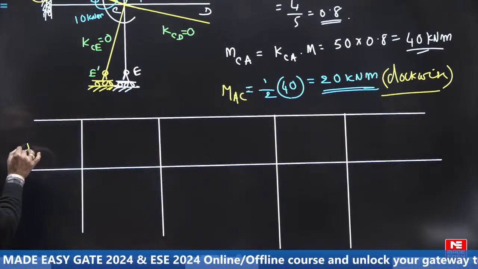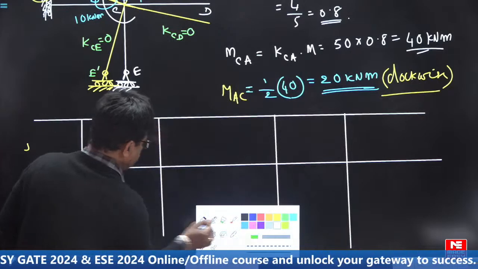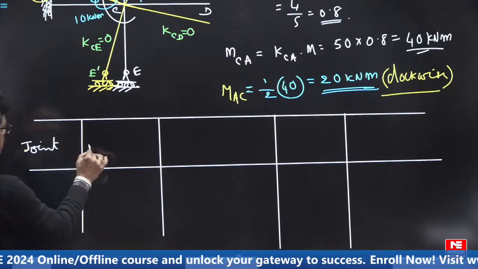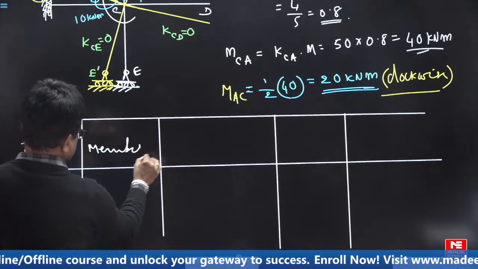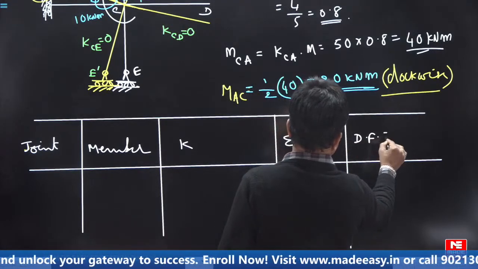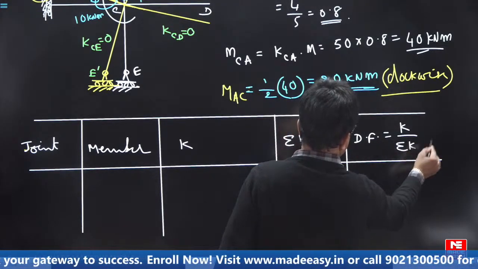Okay, let us see now, as we are familiar with that table: joint, member, K, sigma K. Distribution factors are K by sigma K.